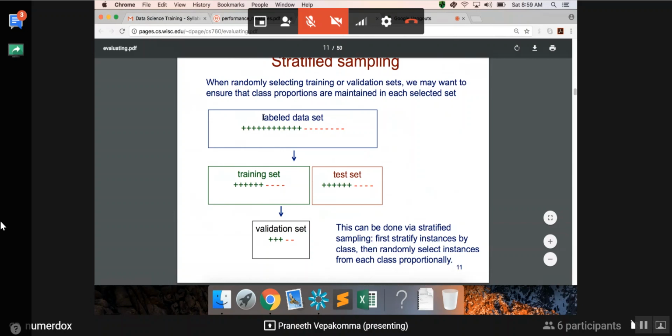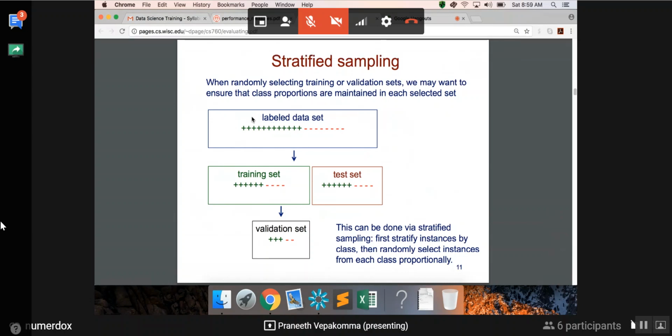So what it does is, if you have a data set that is unbalanced, this is not that unbalanced, but you might sometimes have even extreme cases where, say, plus and minus are 2 kinds of records, 2 classes, and you have a lot of pluses and only a few minuses, like maybe 80% of your data is pluses and 20% minuses. So you have one class being the majority, one class being the minority.